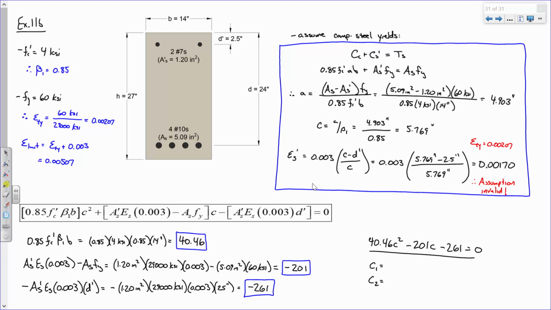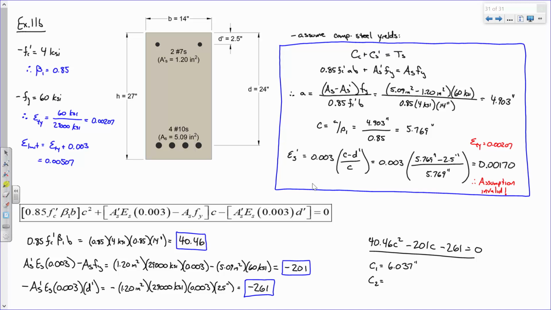And you should be able to do that in your Casio fx-115ES Plus. Let's report each one. There's two of them. 6.04. Give me one more decimal place on that one.